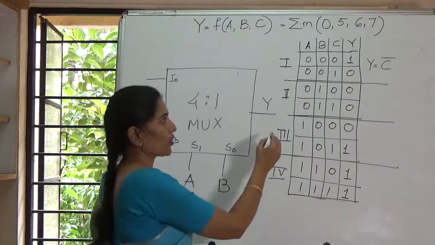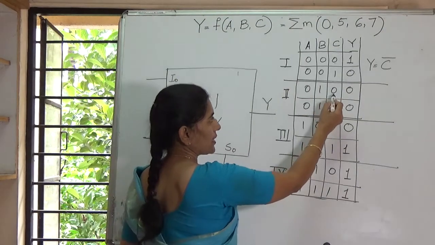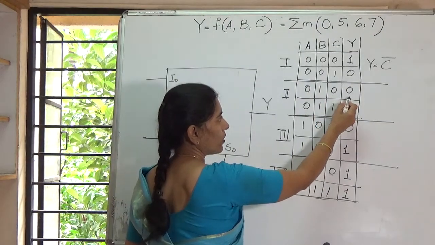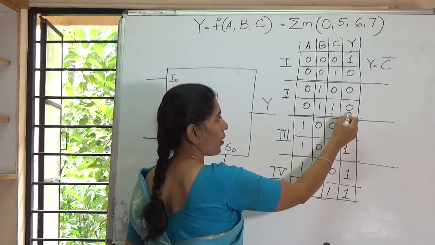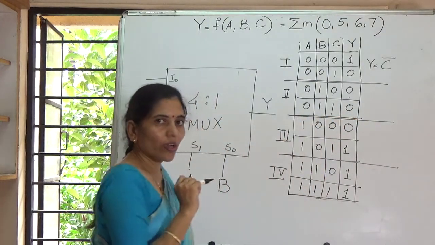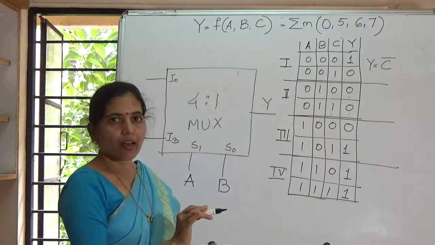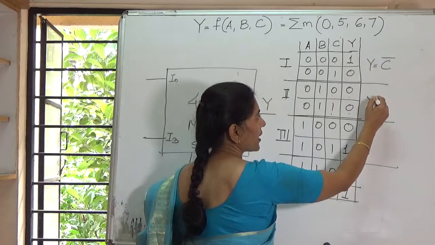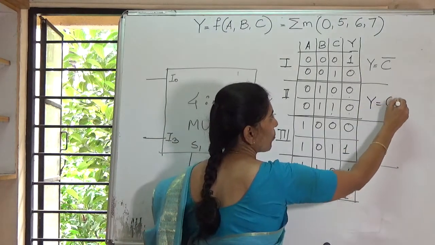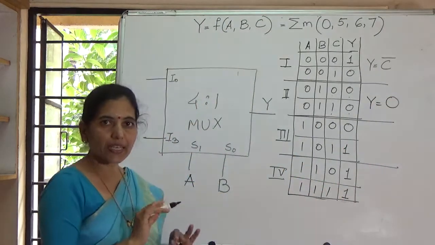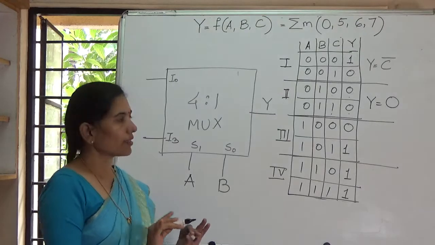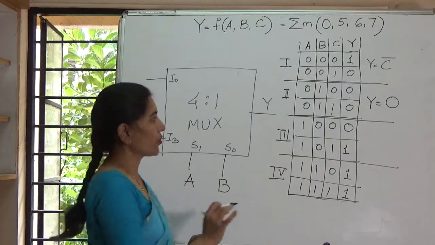Let's look at the second group. Where C is 0, Y is a 0. If C is 1, Y is a 0. Which means that irrespective of what C is, Y is compulsorily a 0 in this group. If C is 0 or 1, doesn't matter, Y is always a 0.